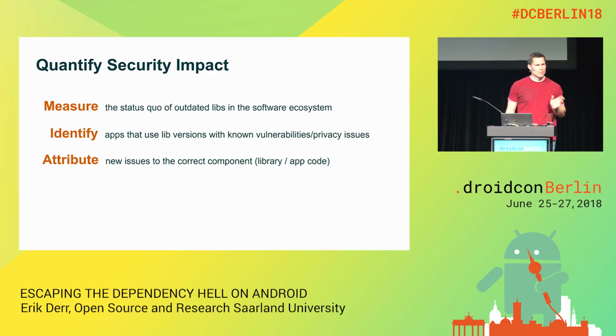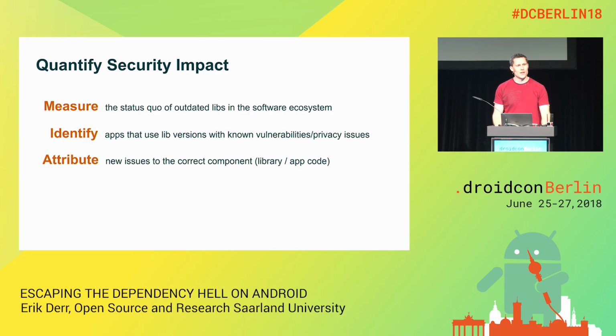But these are only risk estimations, so what we actually want to do is quantify the security impact of third-party code on applications. To do this, we have to do 3 things. First, we need to measure the status quo of outdated libraries in the ecosystem, such as Google Play.